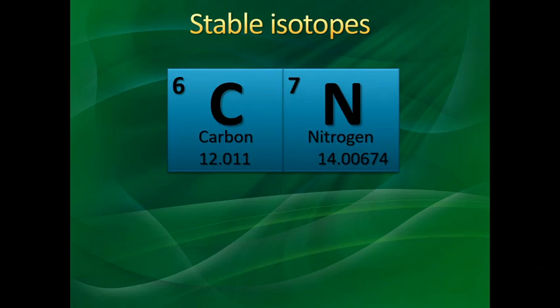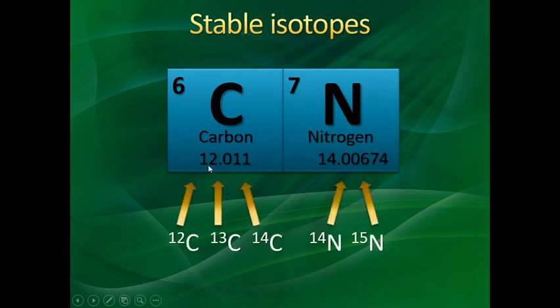So for my research, what I oftentimes use to look at these interactions is stable isotopes. If you look at a periodic table, this is the box for carbon. You'll see this 12 number, all right? And you say, well, carbon has 6 protons, and since it's 12 here, we know it has 6 neutrons. But why is this then 12.011? The answer is that carbon is actually made up of two stable isotopes and one radioactive isotope.